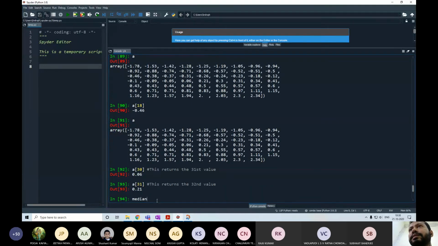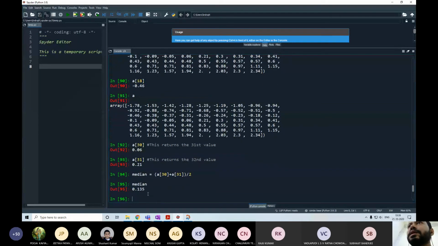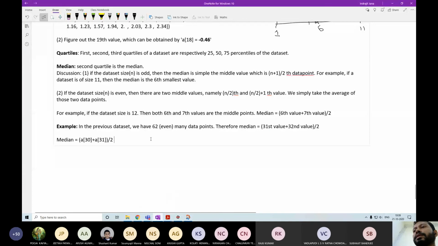So the median is going to be a[30] plus a[31] divided by 2, right? Which is 0.135. So this is 0.135. Right. So that's about median. If you have any question about median, you may ask.